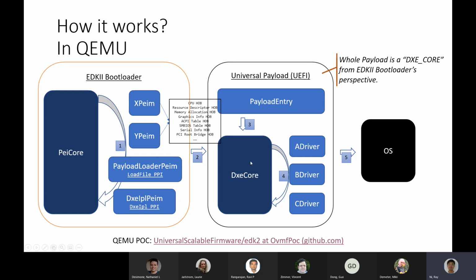In universal payload we defined a PCI root bridge HOB, and the payload expects the bootloader to produce the MMIO information. Then the payload uses the MMIO range described in the HOB and allocates it to the individual PCI devices.